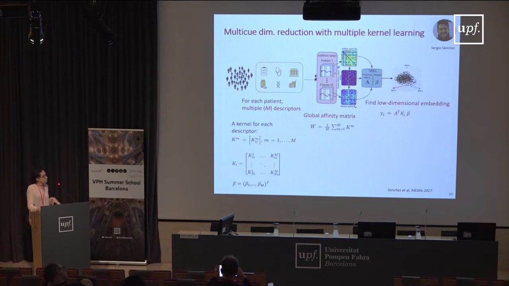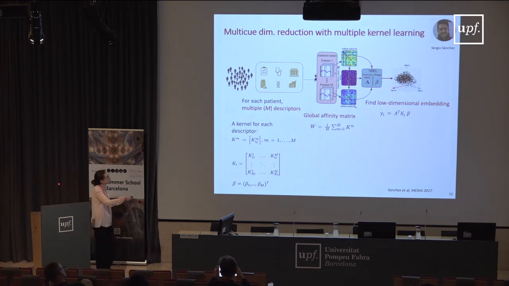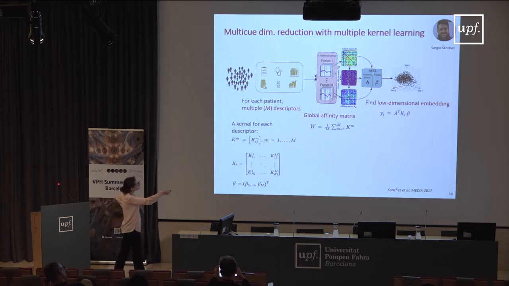So now the position in the output space will be given by this equation, where I'm combining, with the beta, which is a vector, the different multivariate similarities and then projecting to an output space.